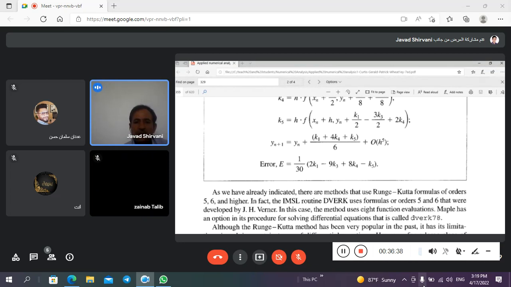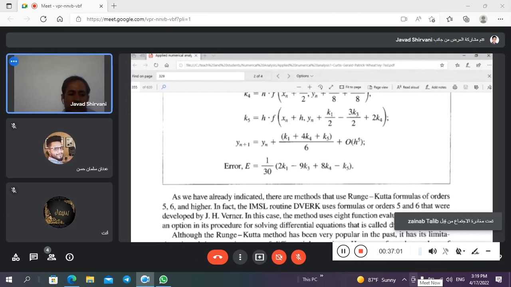We run this. I hope you can see the values. We have a local error for each step. h is 0.1 and the value of y is shown for different steps.